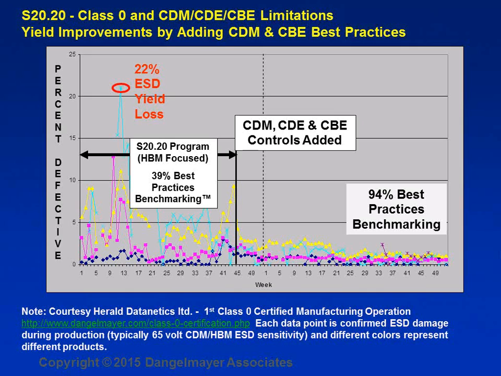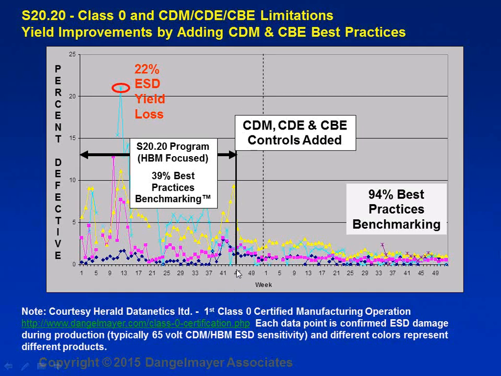Here is a chart that offers objective evidence of the importance of adding these CDM controls to your program. In this time frame on the left, you'll see that this company had a good S2020 program in place, and yet they still had high yield losses, as high as 22%.